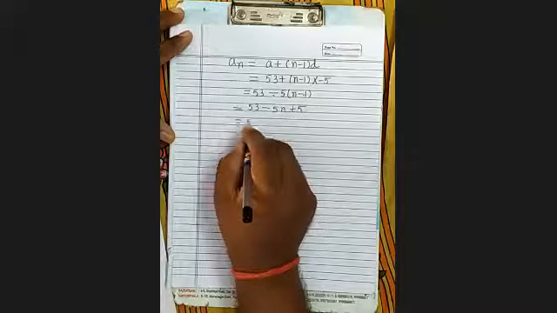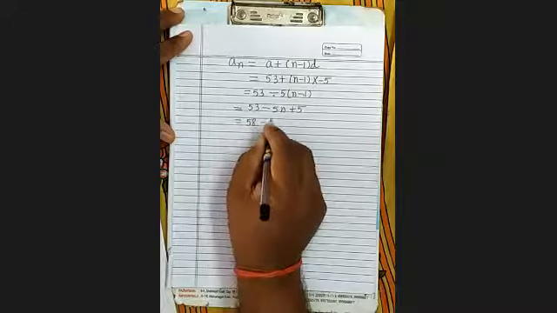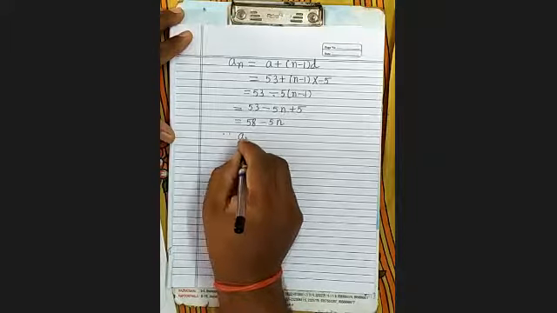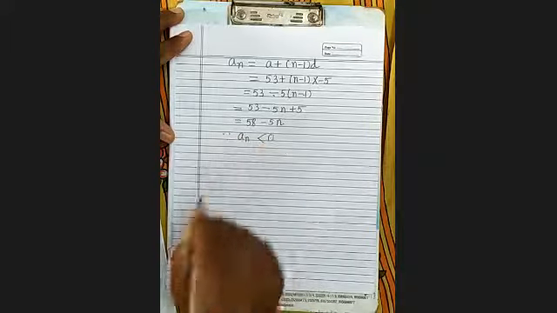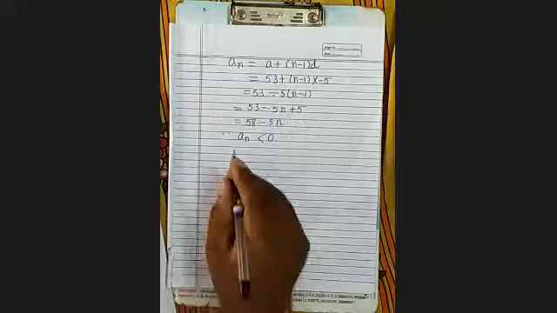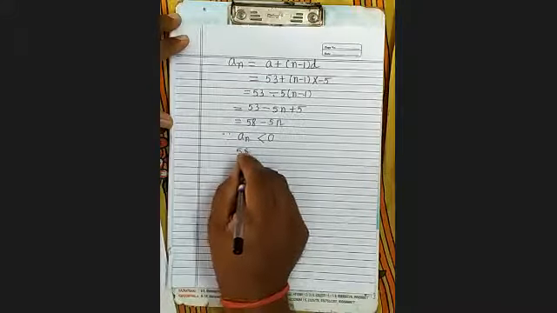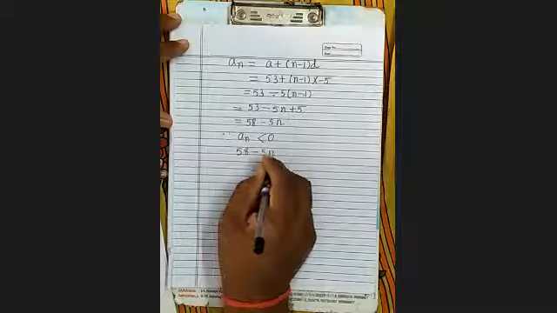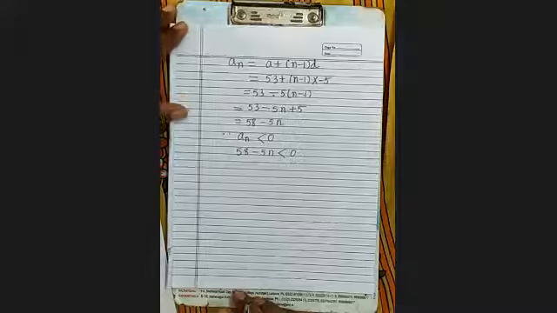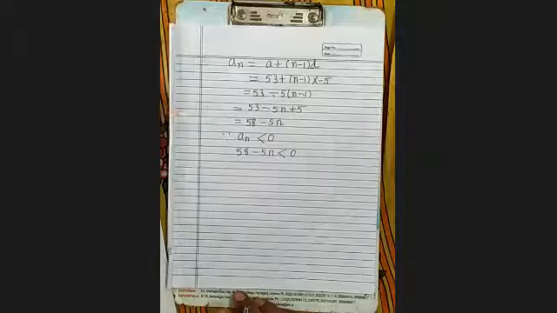So it will be 58 minus 5n. Since An will be less than 0, so 58 minus 5n will be less than 0. Understood?